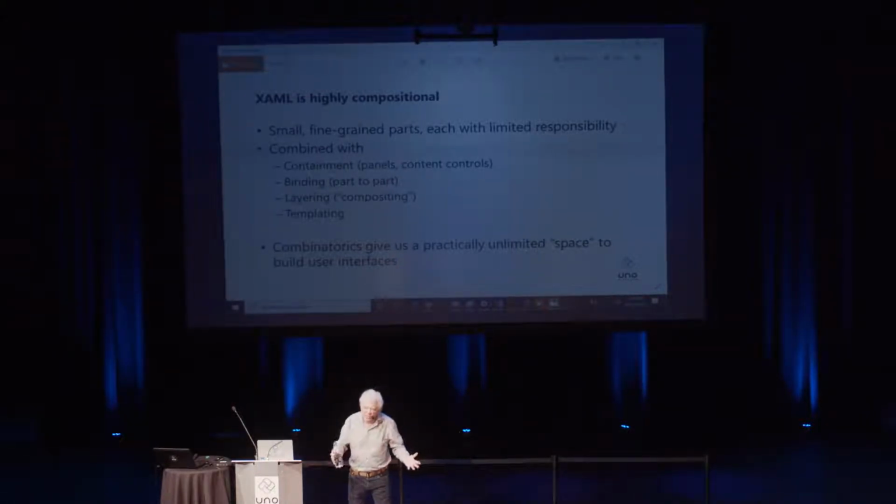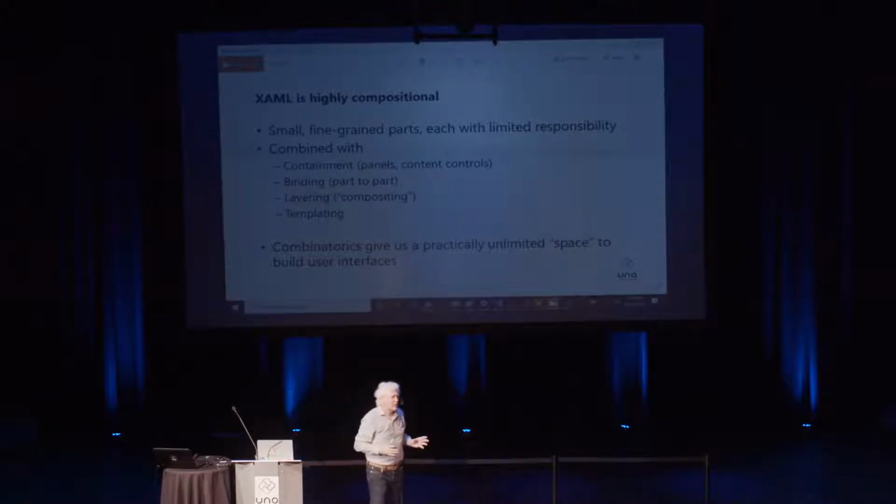And the combinatorics of that mean we have this huge space of possibilities. Basically, in the XAML world, we've discovered over the course of 10 or 12 years that if we can sketch something and show it to a user on paper, no matter how out of the box or non-rectangular, no matter how advanced it is as a UI, we are able to build it in XAML. And that, to me, speaks to the power.